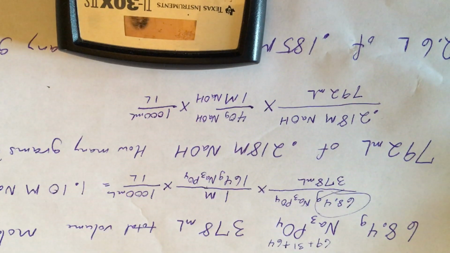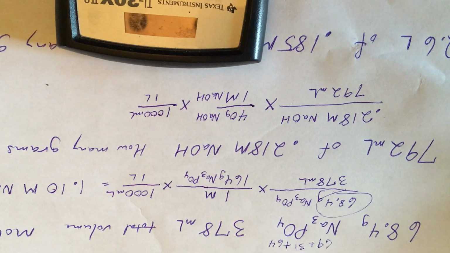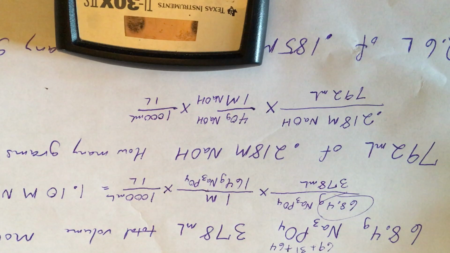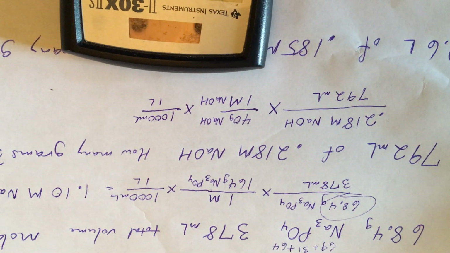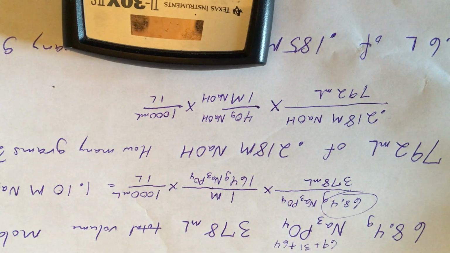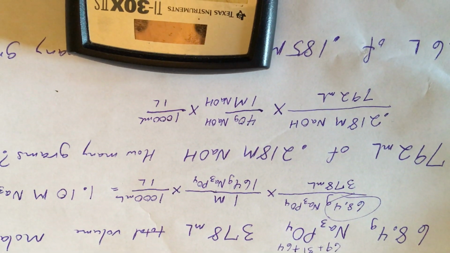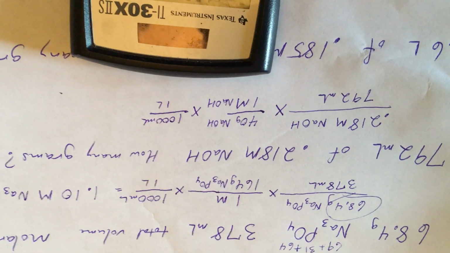Oh, something doesn't seem right with that. Let's try that again. 0.218, that's my moles, times 40. That would give me my grams. And then I got this factor of 1,000 to 792. So times 1,000 divided by 792.